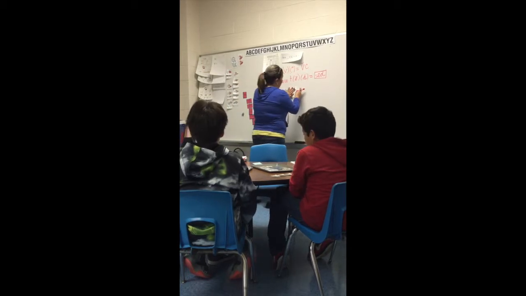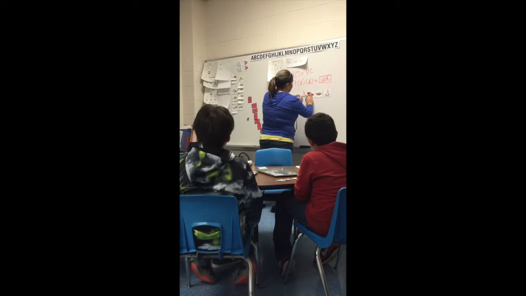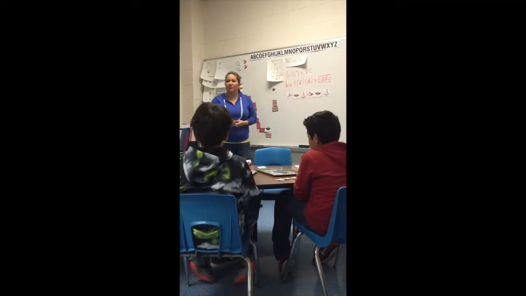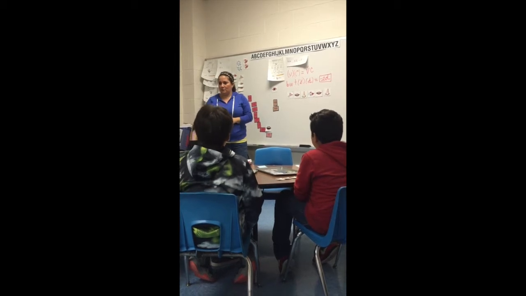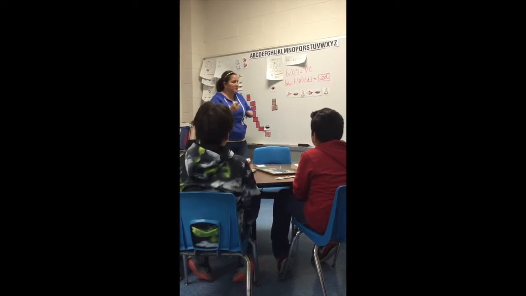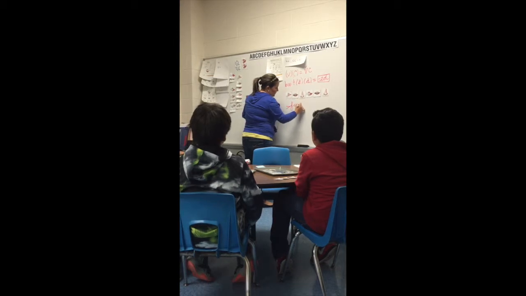We're going to unblend and pull down the sound pictures. That's what we just did. We need to identify the base word. What's the base word in funding? Fun. Funding. Fund. Fund is my base word. How do I spell it? Fund.